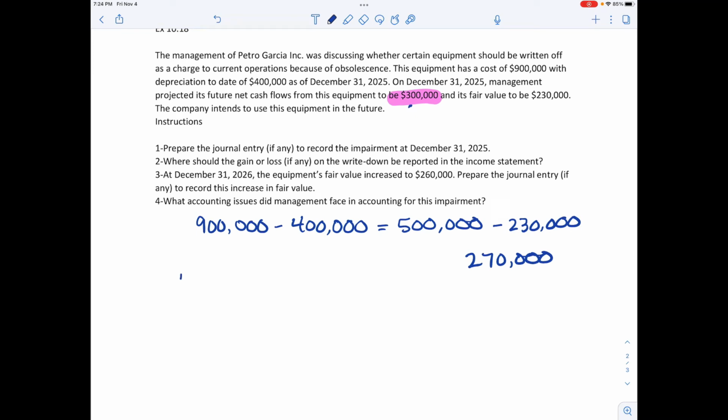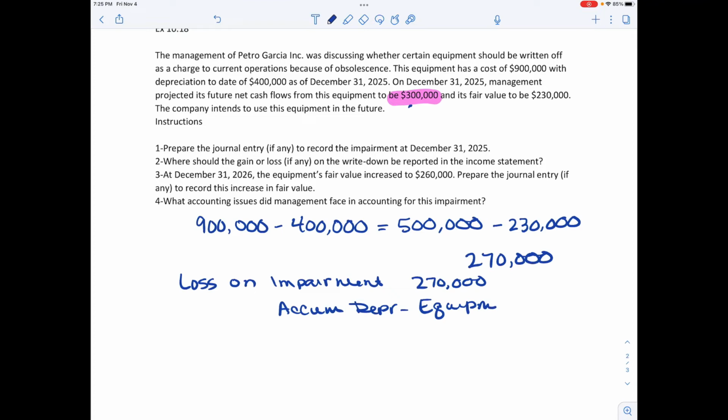And to record that loss, I record loss on impairment. And that's going to be a debit for that $270,000. And the offset, the credit to that, goes to your accumulated depreciation. So it's that simple, pretty easy.